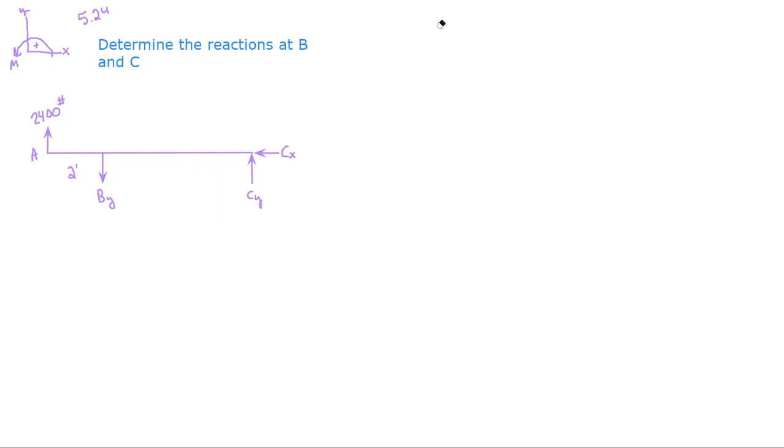If you take a look at the picture in the problem, it says that it's 2 feet from point A to point B, and then 8 feet from point B to point C. So this beam is a 10-foot long beam, which now tells us that the weight of the beam, which is 300 pounds, is in the center.